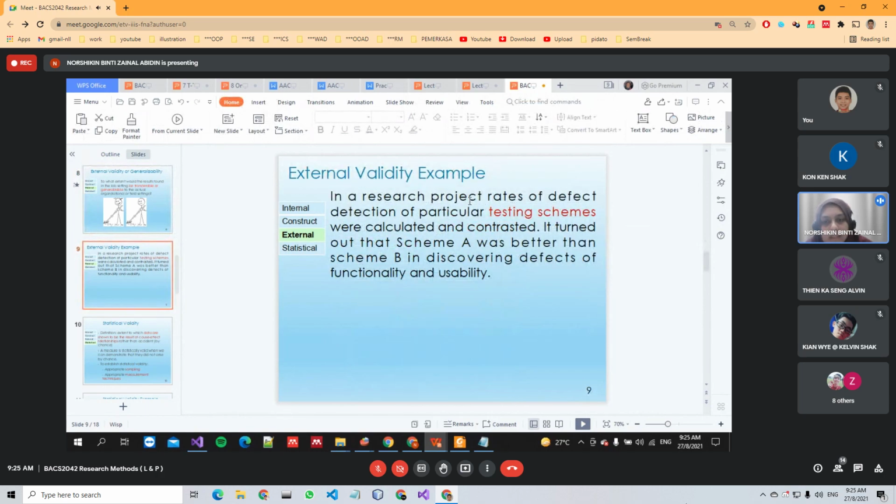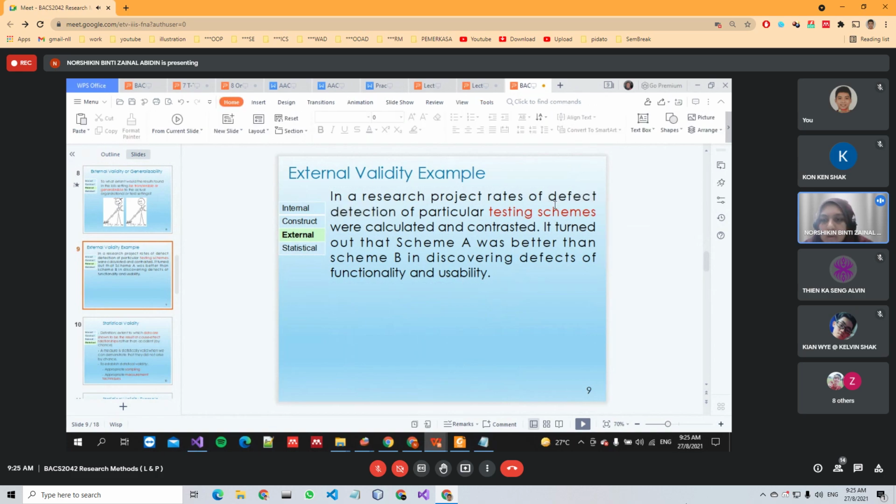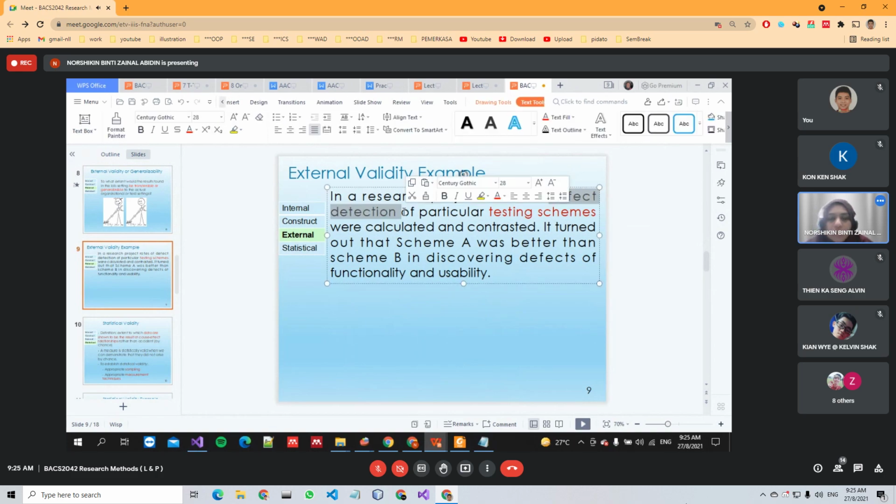So in a research project, rates of defect detection. I think you know what a defect is. A defect is like a bug. So bug detection of particular testing schemes were calculated and contrasted. It turned out that scheme A was better than scheme B in discovering defects of functionality and usability.